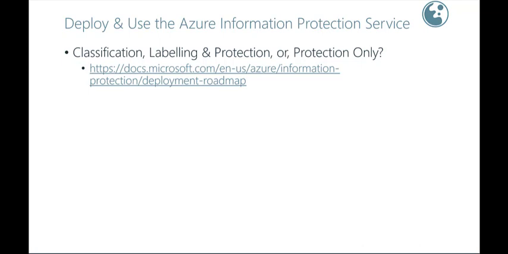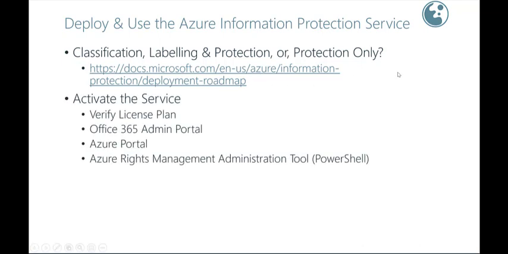The protection only part is also called Azure Rights Management Service, RMS. But if you want to also do classification and labeling, then you need the full Azure Information Protection solution. There are different ways to deploy and follow a roadmap, which I will show in the link here.